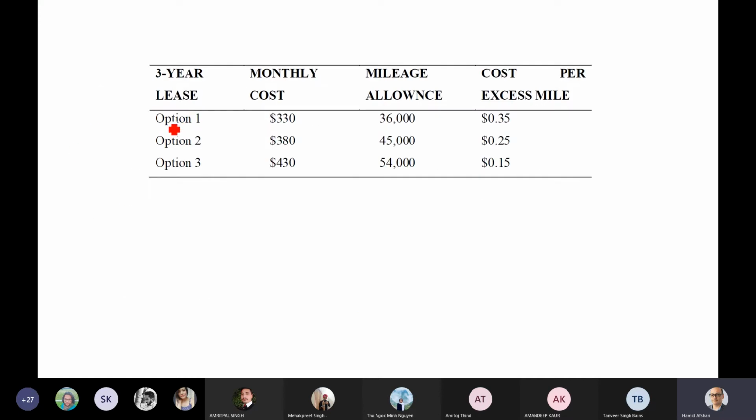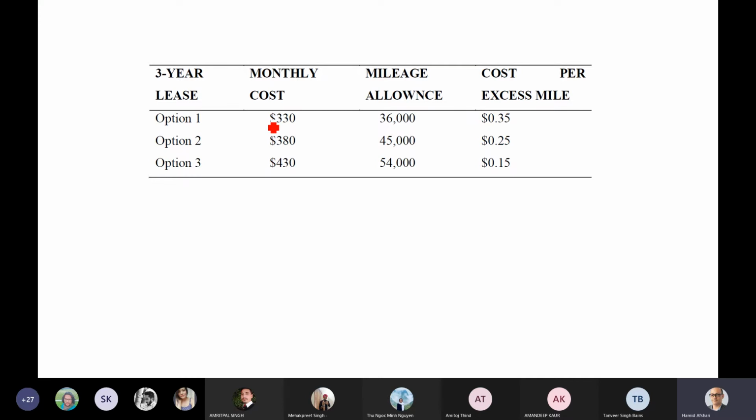Okay, what do we see here? Option number 1 for leasing has a monthly cost of 330, and a maximum of 36,000 miles after 3 years, which means 12,000 per year. And if, for example, Beverly goes 36,001 miles, for that 1 extra mile she should pay $0.35. If she goes 36,002, she has to pay 2 multiplied by 0.35, and so on.